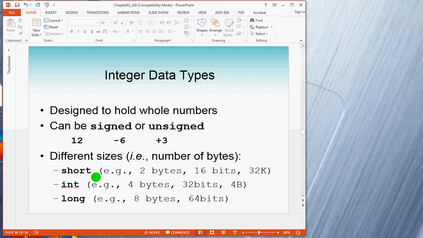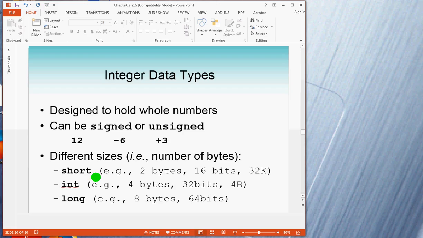The smallest integer data type is short, and it typically is 2 bytes long or 16 bits, and it's capable of holding numbers up to 32,000. It's really 16,000.